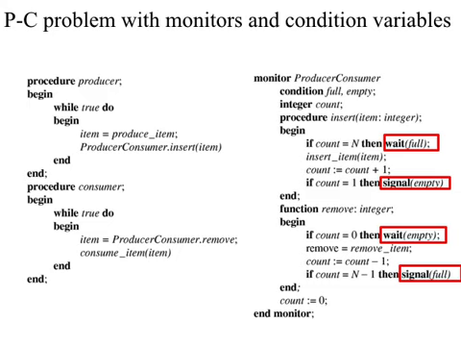Once they succeed on the wait operation, then they can remove an item. Then the consumer decrements the count. If the count goes from n to n minus 1, then it's an indication that the shared buffer has one empty slot. So they would signal any blocked producers using a signal on the full condition variable.